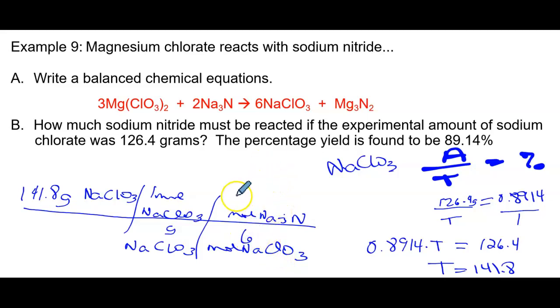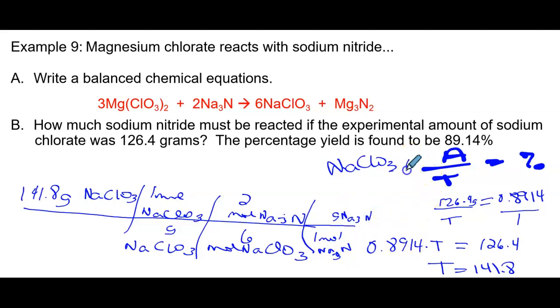The number that's with sodium nitride is 2. So now we're into moles, but generally speaking in chemistry, we want to get to grams or volume. So we're going to say 1 mole of sodium nitride equals how many grams of sodium nitride? We've got to calculate the grams of sodium nitride here.